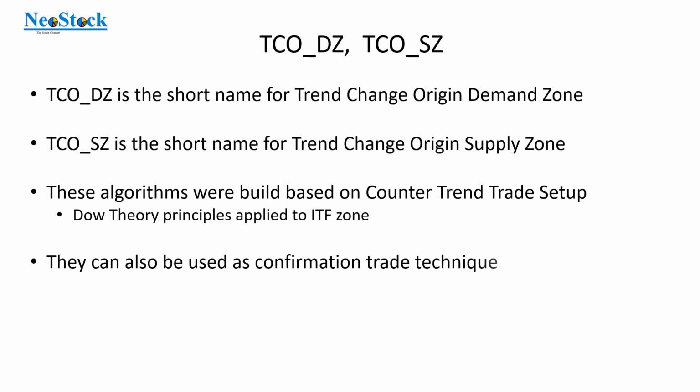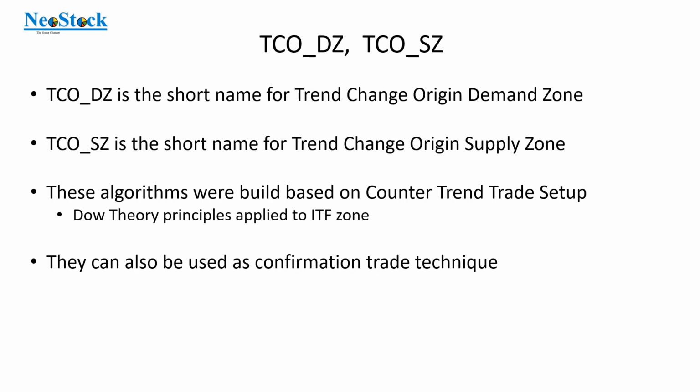So they can also be used as confirmation trade techniques. See, all these trend change based zones are used for confirmation trade setup. That is the point you have to understand. The word trend change already gives you an idea. The trend is changing. In which scenarios should a trend change be considered? That is what we are going to understand when we differentiate all these types.